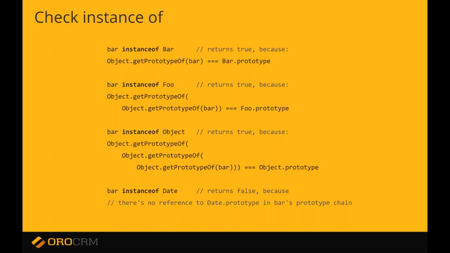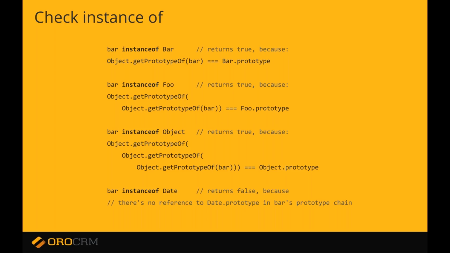So under the hood, the JavaScript interpreter will get the prototype of bar, the first level of bar.__proto__, and check it against bar prototype. If it is the same object, it will return true, because that means that bar is an instance of constructor bar.